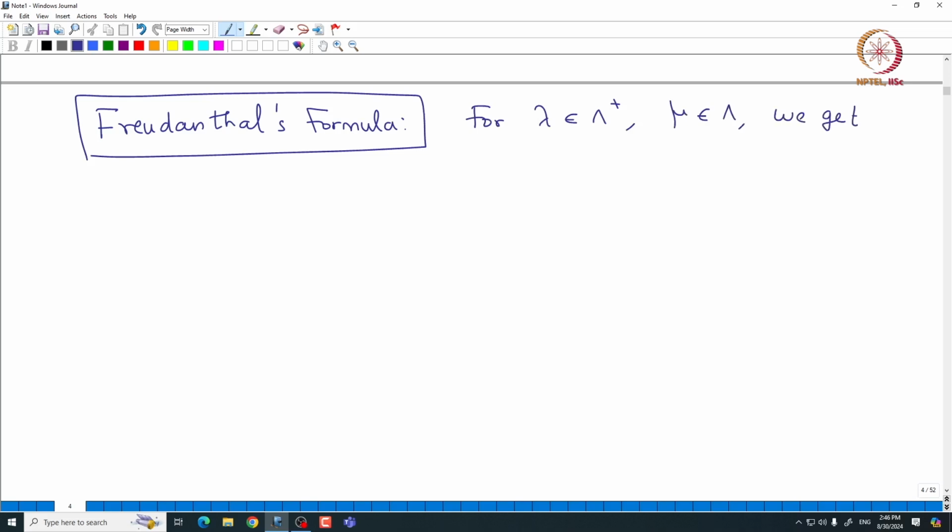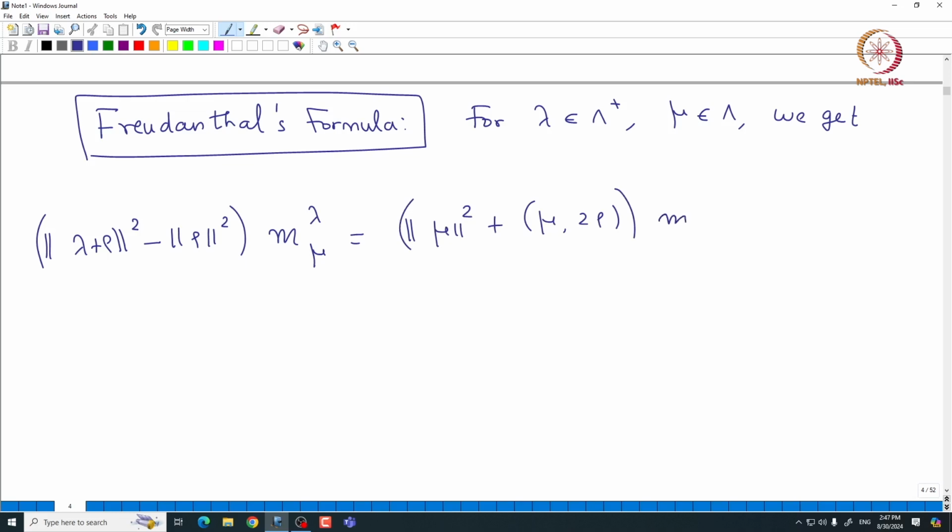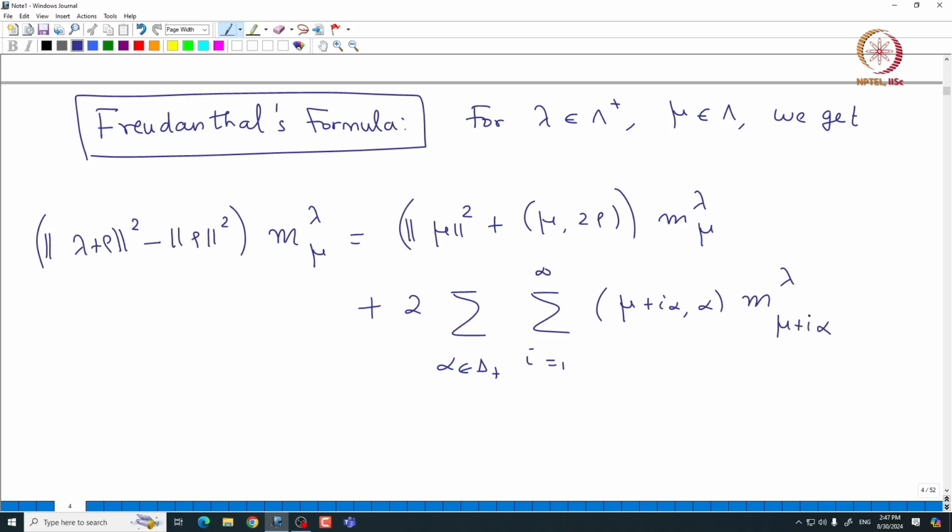Then we have the following formula: the norm of lambda plus rho squared minus the norm of rho squared times the multiplicity of lambda mu is equal to the norm of mu squared plus the inner product of mu with 2 rho times this multiplicity lambda mu, plus some term xi, which is given by twice the summation over alpha in delta plus, summation i ranging from 1 to infinity, of the inner product of mu plus i alpha with alpha times the multiplicity of mu plus i alpha inside V of lambda. So, this is what the Freudenthal formula looks like.